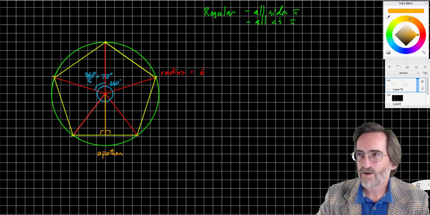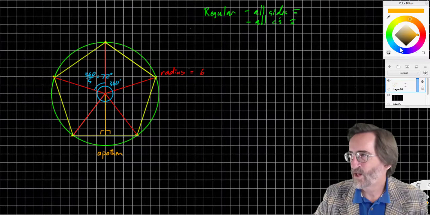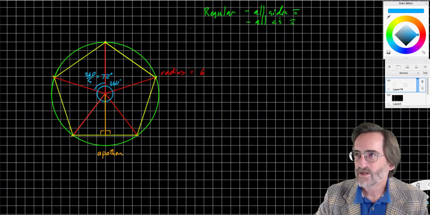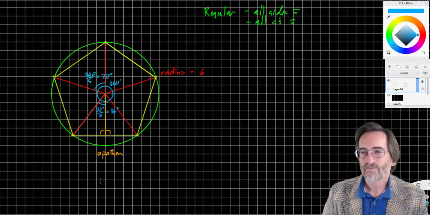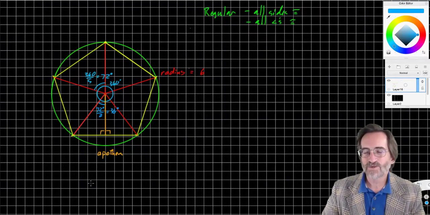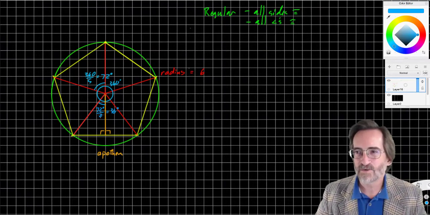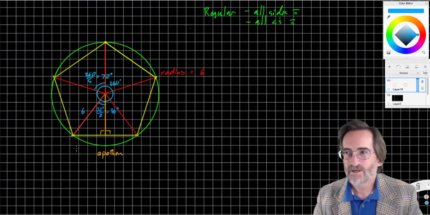And what's more, I can figure out the small angle here of the right triangle because it is that 72 degree angle divided by 2, or 36 degrees. Okay, so there we have a right triangle with a 36 degree angle. And I happen to know the radius is 6.